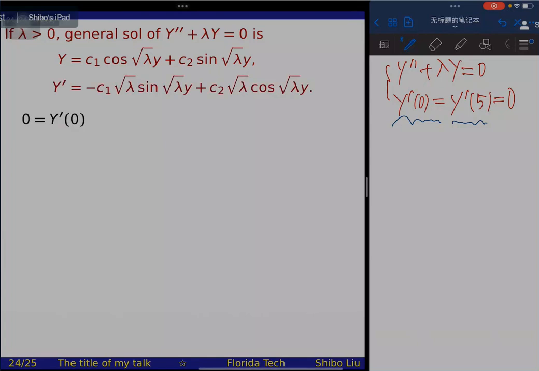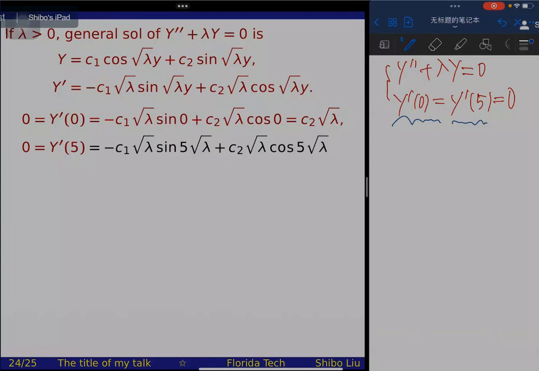Now applying the boundary condition, when small y equals 0, substituting y by 0 in the expression of Y prime, we see that this equals this. But sine 0 is 0, so we only have C2 times square root of lambda times cosine 0, that is 1. Okay, we have this equality. Then we consider small y equal to 5. So Y prime 5 is 0. But Y prime 5 is given by this equality.